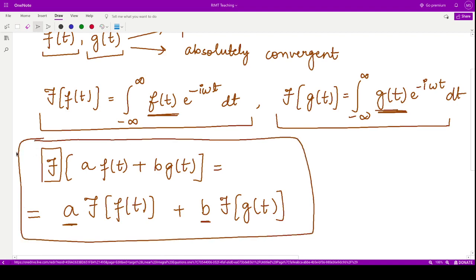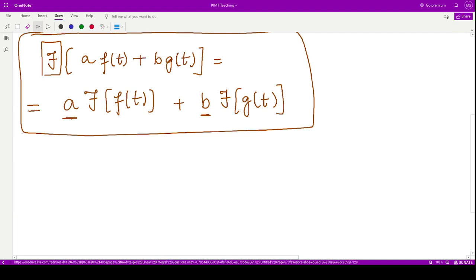Now let's move ahead and see how this is true. For that, let me consider the left hand side. I am calculating the Fourier transform of the linear combination a f of t plus b g of t. So what would it be? Let me apply the definition.